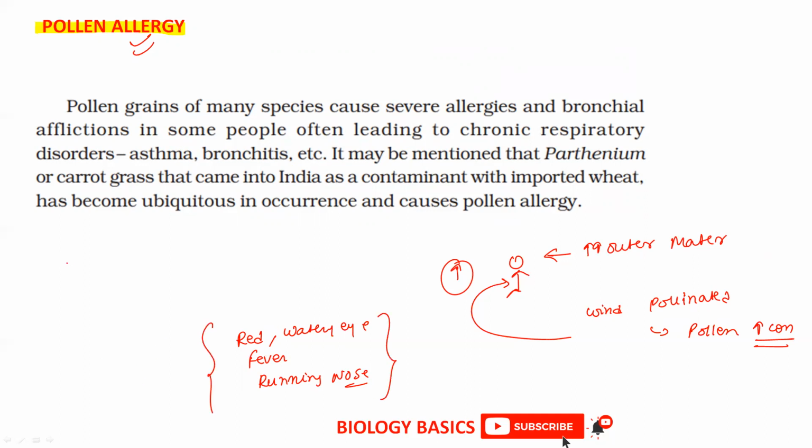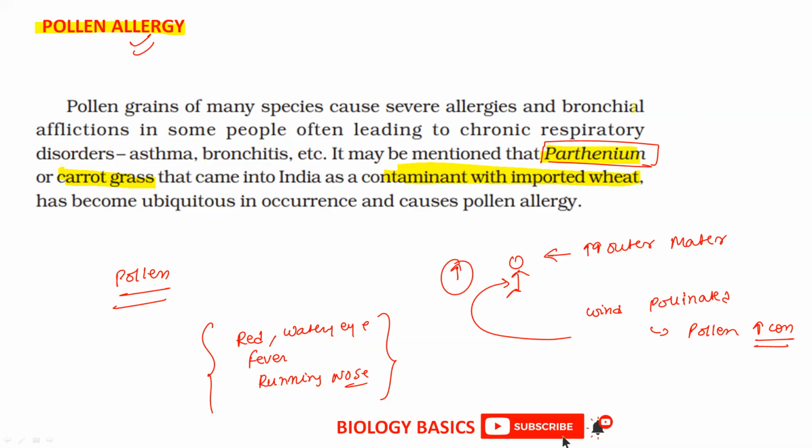Okay, so if you talk about the pollens, what kind of pollen is basically causing this? The answer is parthenium or carrot grass, which basically came to India with the imported wheat, right? So it came to India with the imported wheat, and this parthenium or carrot grass is basically causing the pollen allergy. If you talk about this, it may lead to various kinds of problems, respiratory problems. What kind of problem?